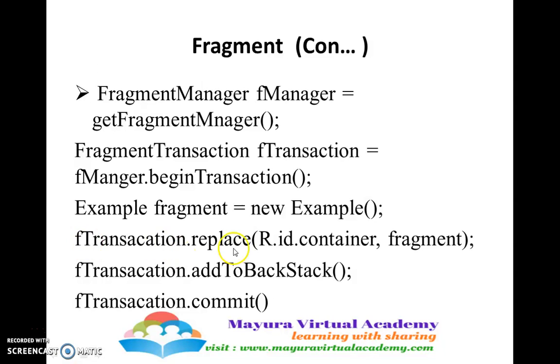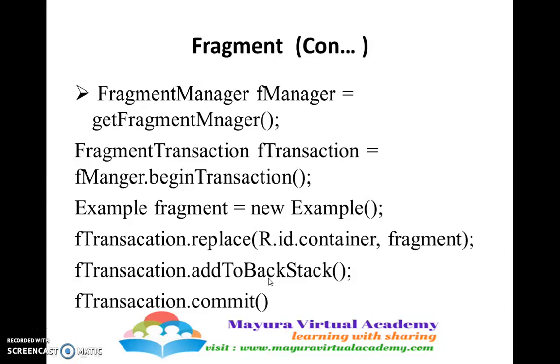We'll be using fragmentTransaction.replace, and we'll be adding this fragment. And this is the method that we'll be using, addToBackStack, which means that whenever the fragment is added and the user clicks on the back button, the entire activity would otherwise be closed.